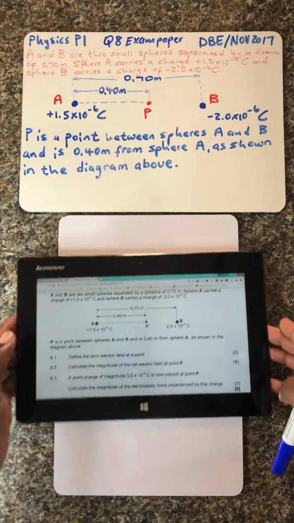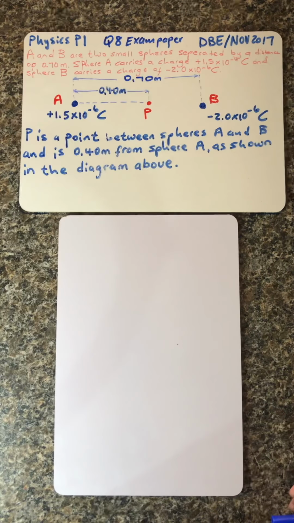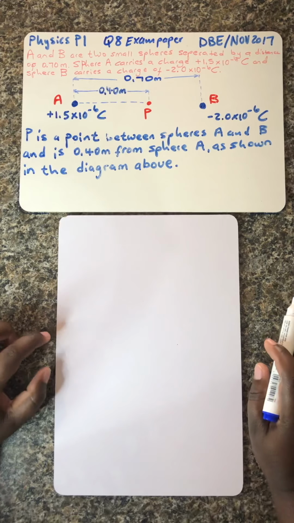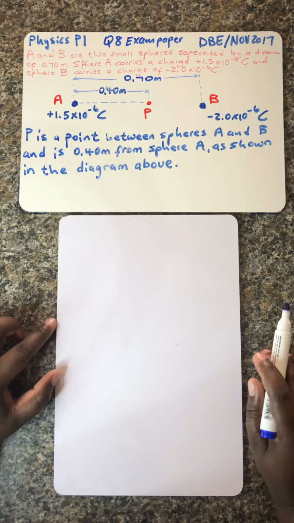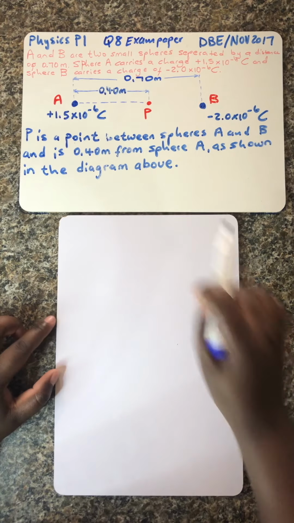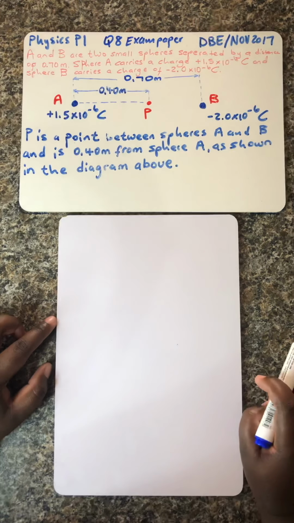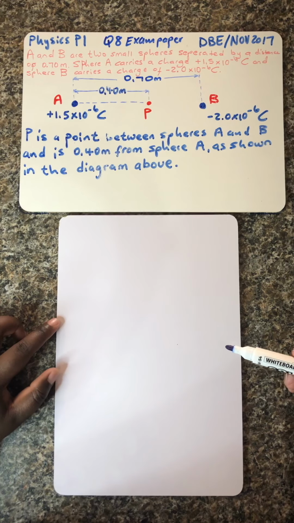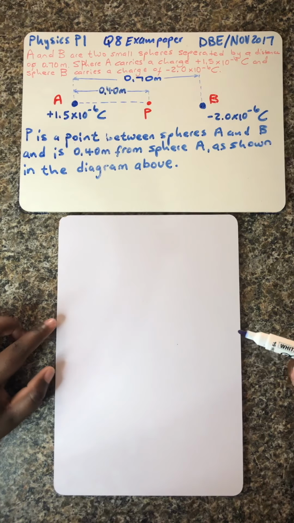But guys, let's now get started with the business of the day. I just want you to be aware of something. I'm going to redraw that diagram which is drawn there, by referring to that statement. Remember, they said A and B are two small spheres separated by a distance of 0.7 meters.